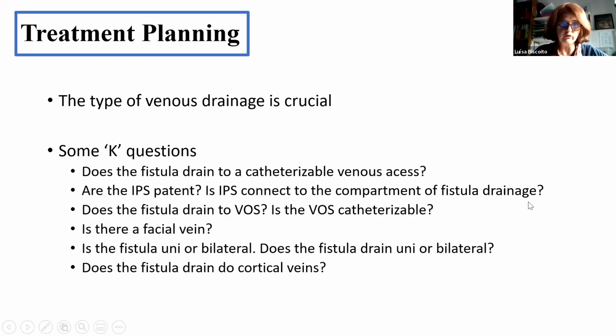Because sometimes we can go into the IPS and we cannot pass to the compartment of the dural fistula drainage. Does the fistula drain to the SOV? Is the SOV catheterizable? Is there a facial vein? Is the fistula unilateral or bilateral? Where is it draining? And does the fistula drain to cortical veins? Because this makes the treatment more urgent.